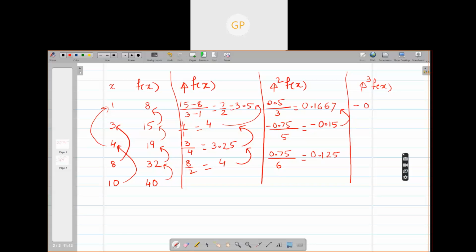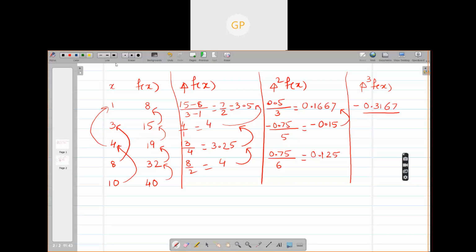The total is minus 0.3167, and that divided by what now?